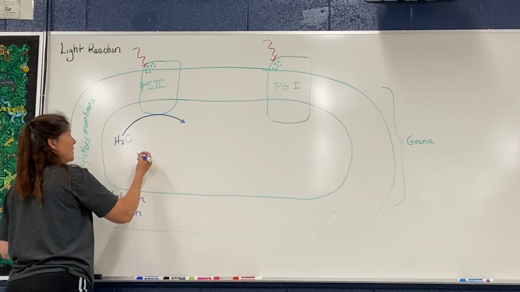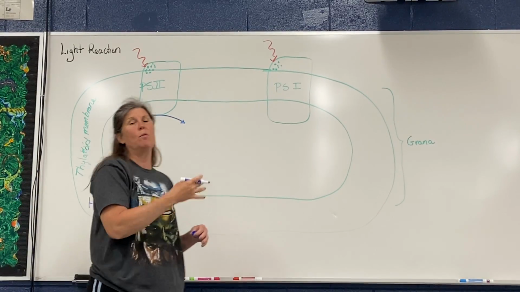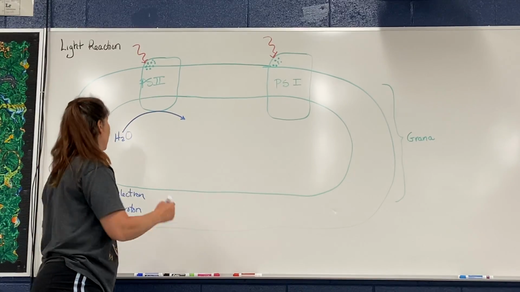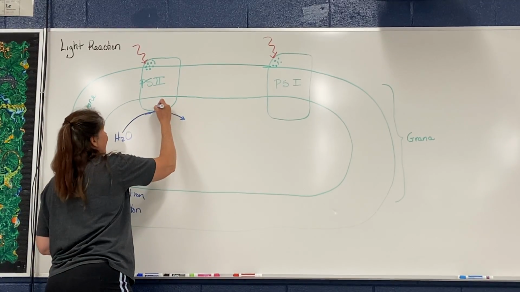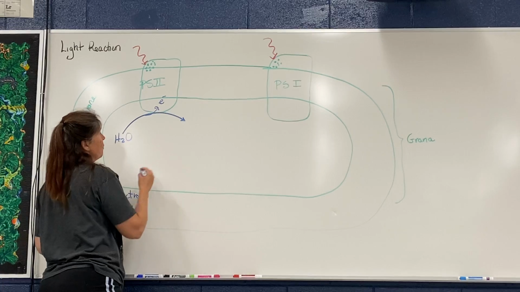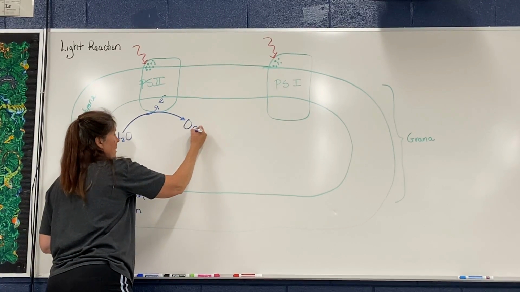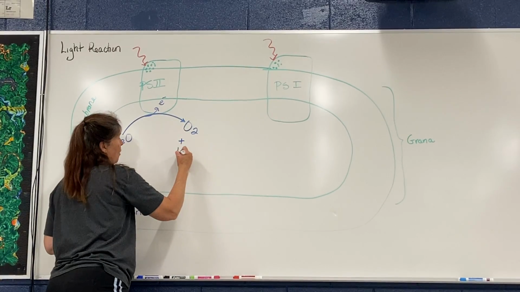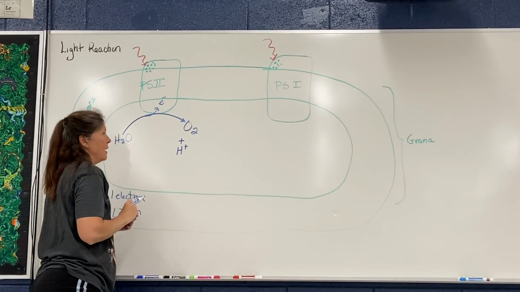So when we split this, we're not only splitting into our elements, oxygen and hydrogen, but we're also splitting hydrogen. The electrons are going to go into photosystem 2. Oxygen is our waste product, and then we're also going to get our protons inside this space.